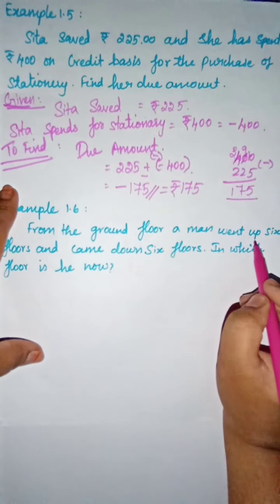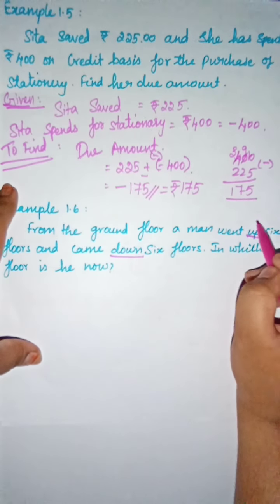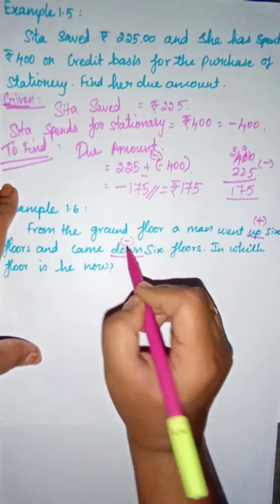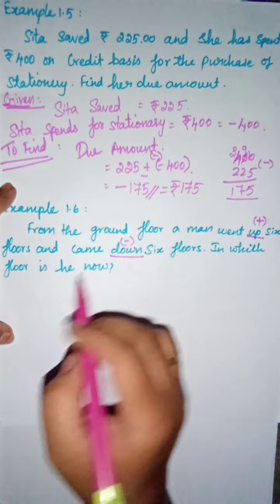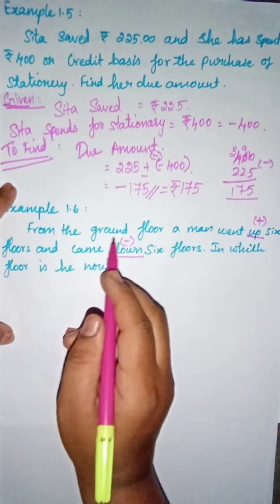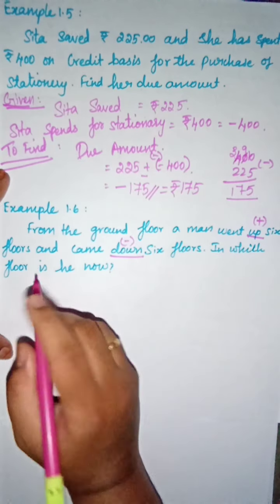So here also they have given up, down. Up means plus, down means subtraction. Okay, now from the ground floor a man went up 6th floor.